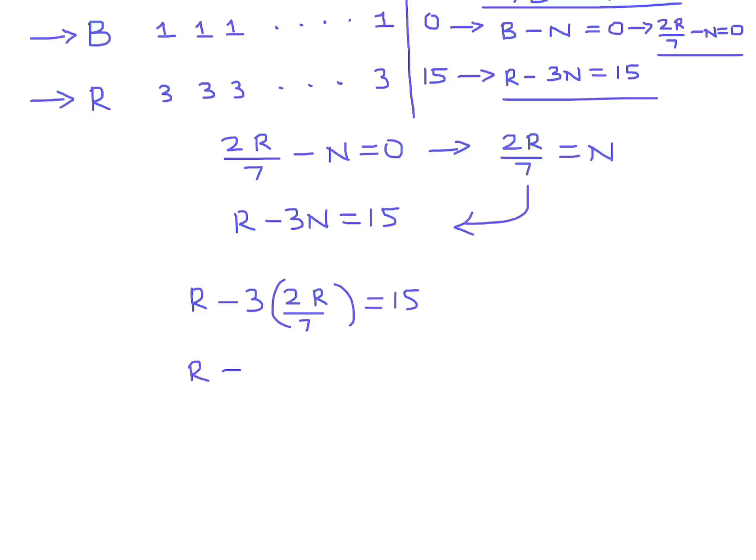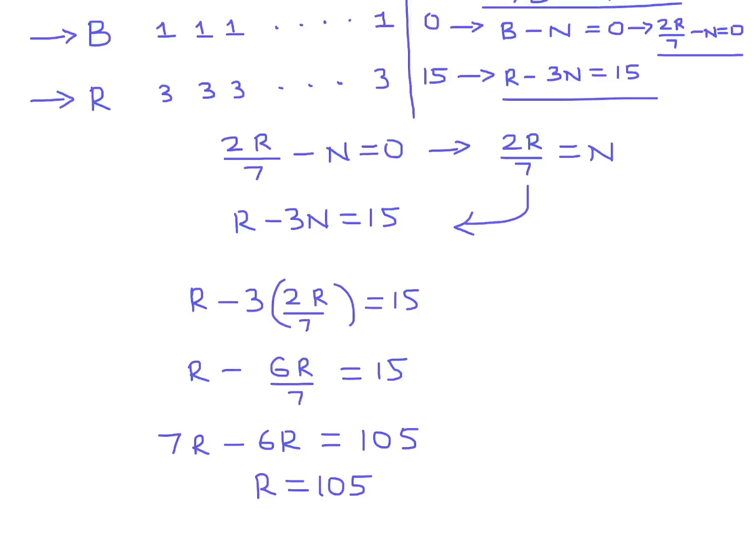And therefore this looks like 6R over 7 is equal to 15. Multiply everything by 7, get rid of that fraction, 7R minus 6R, and then 7 times 15, which is 105. 7R minus 6R is just R, and therefore R is 105.